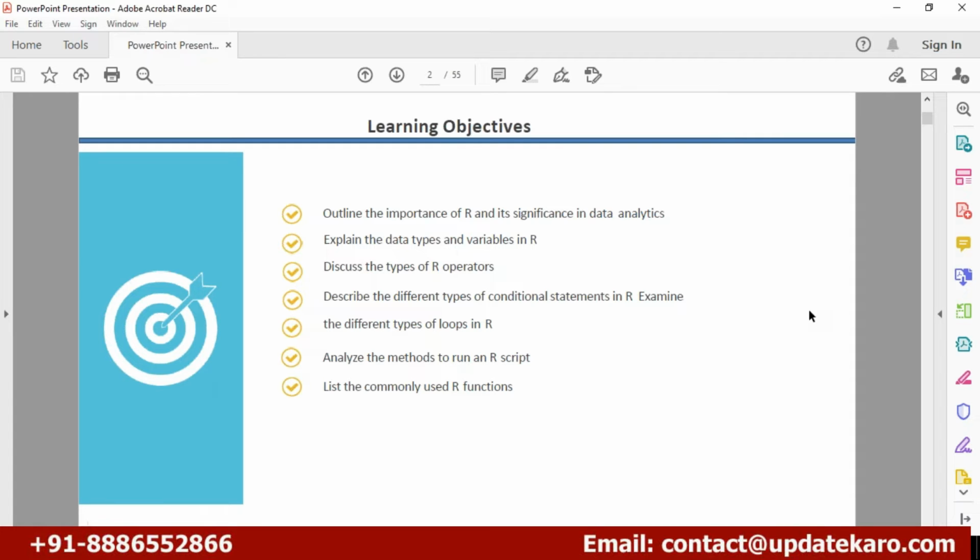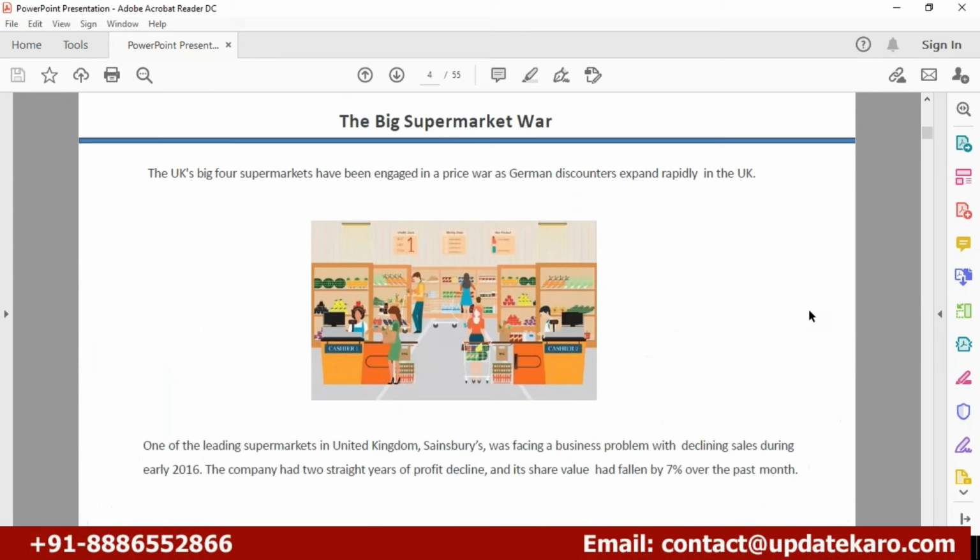And then we'll be seeing how to analyze the methods to run an R script and list the commonly used R functions. All these we'll be learning in this chapter.